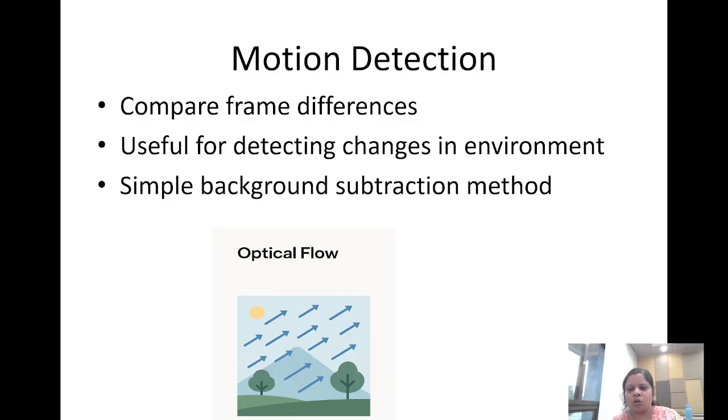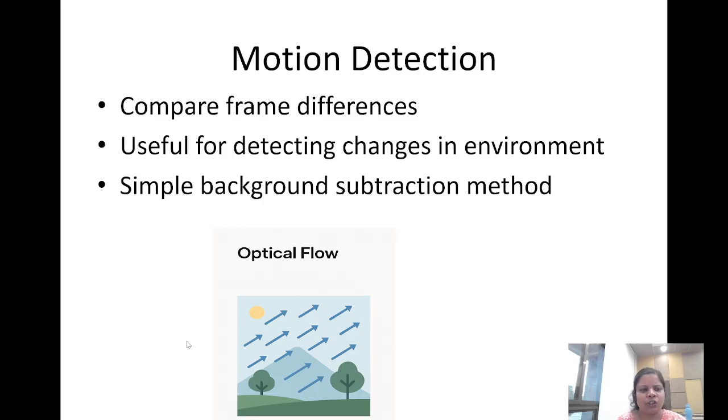Then let's go to motion detection. Motion detection involves identifying changes in a scene over time. Let's say a person is walking from point A to point B. At point A you have an image, at 5-6 intermediate points you have an image, and at point B also you have an image.